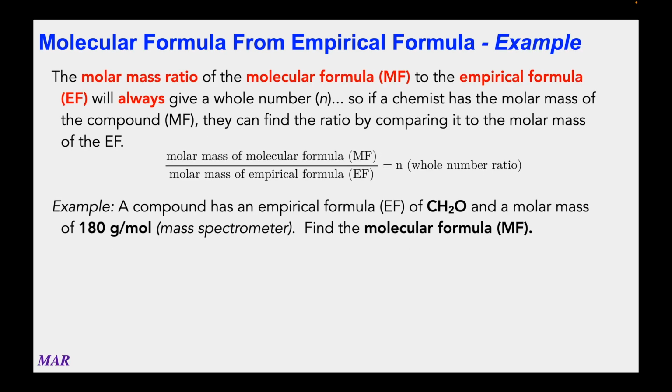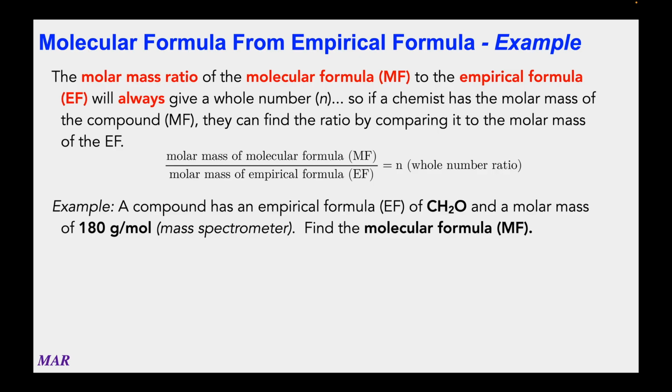The ratio we're looking for is the ratio between the molar mass of the whole compound, i.e. the molecular formula's molar mass, compared to the empirical formula's molar mass. If we could find the molar mass of the whole compound and compare it to the molar mass of the empirical formula, which you can calculate pretty easily, you're always going to get a whole number ratio. Let's call that ratio N, okay?